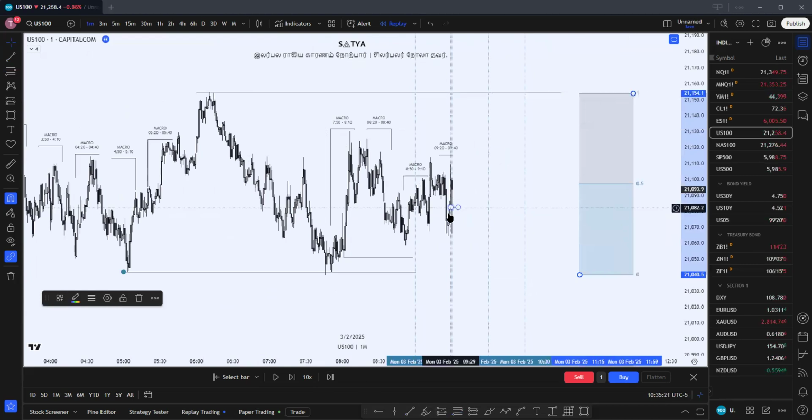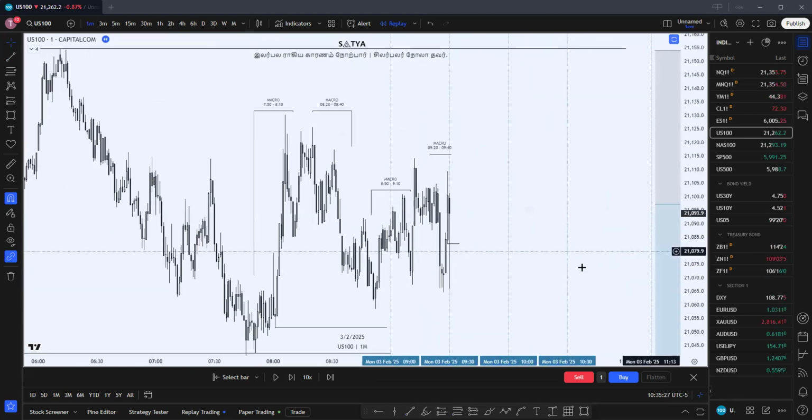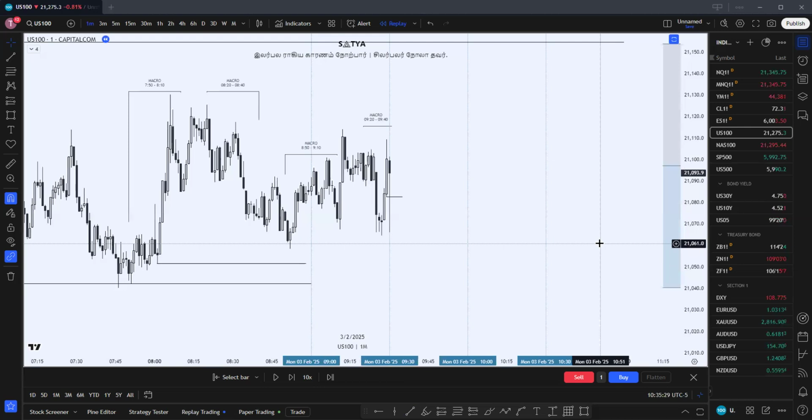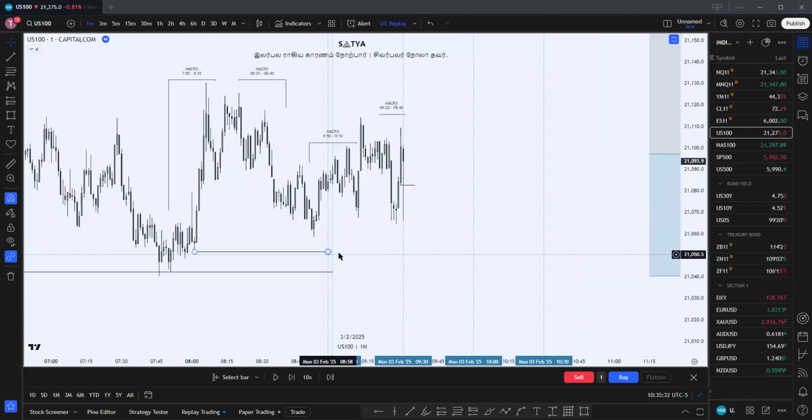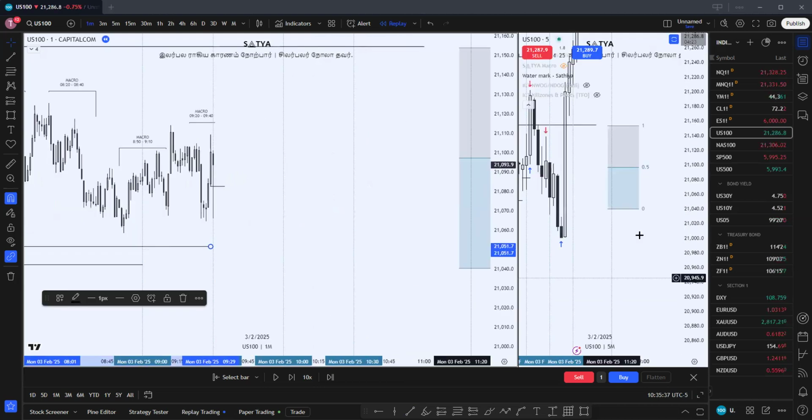See, market reaches the discount, then it continues to the buy side at this time, but I am expecting this candle, this previous 8 AM candle, to get turtle soup at this time.